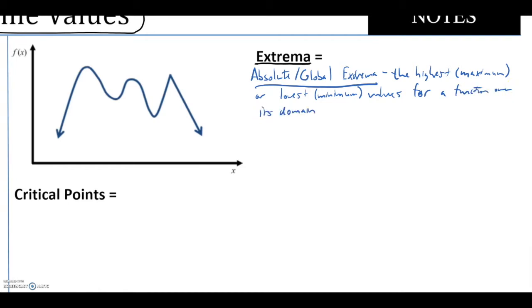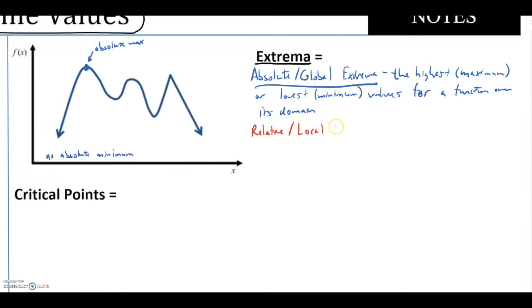So if we look to the graph on the left, we will see that this function takes on an absolute maximum here, and it has no absolute minimum, no lowest possible value, because the range of this function takes it down to negative infinity.